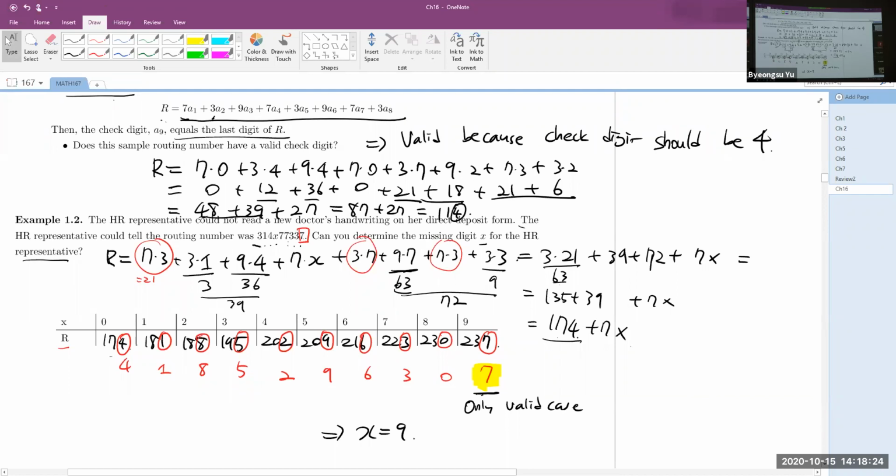Does it make sense? So what I did is just make all possible cases of R for each choice of x, then check whether those cases give you a valid routing number or not. And the only case you can get a valid routing number is when x is 9. So that's why we can conclude that x is 9. Is it good? Okay, sorry for my bad calculation.